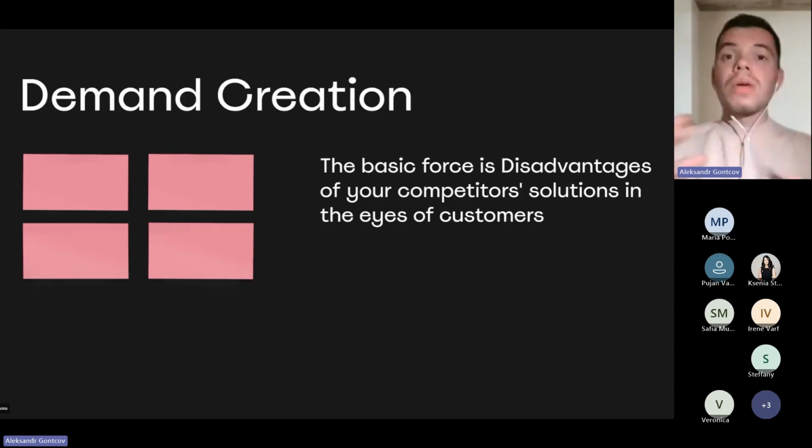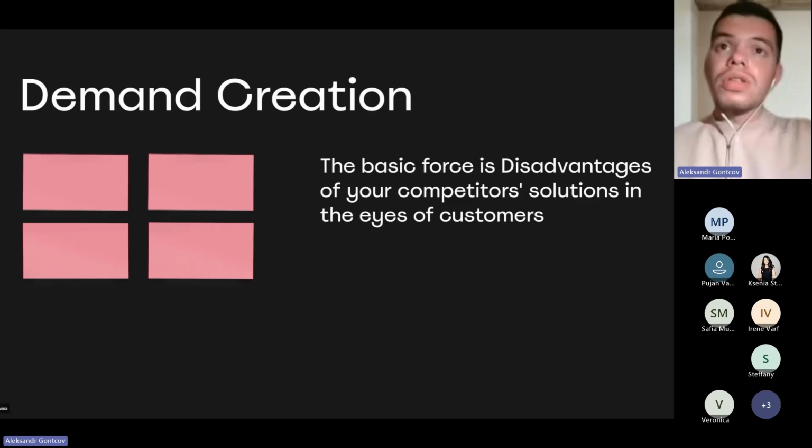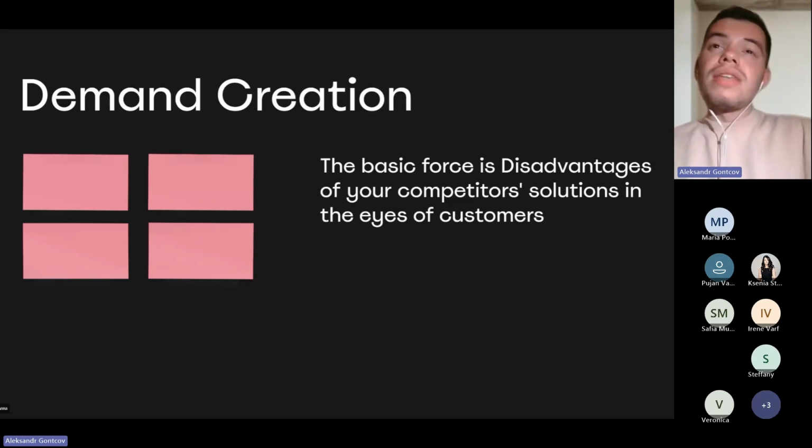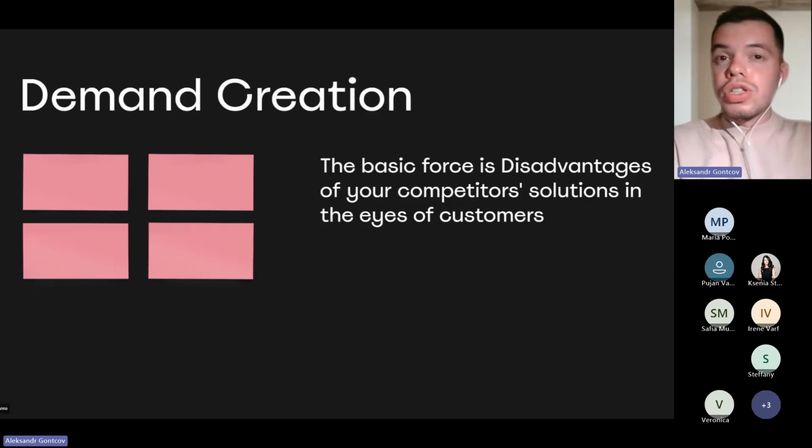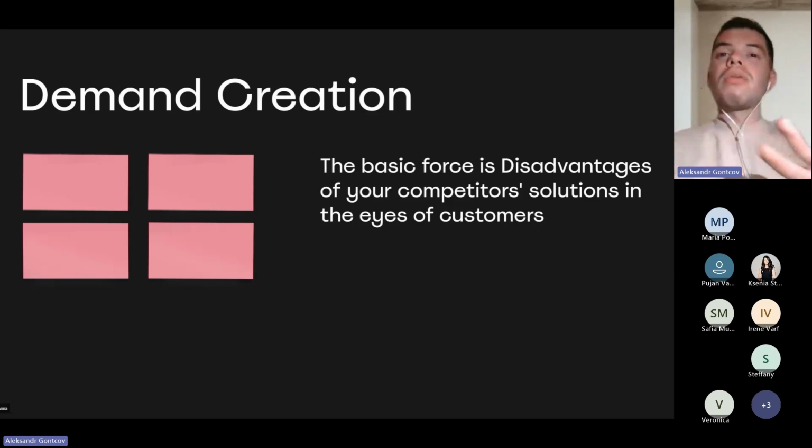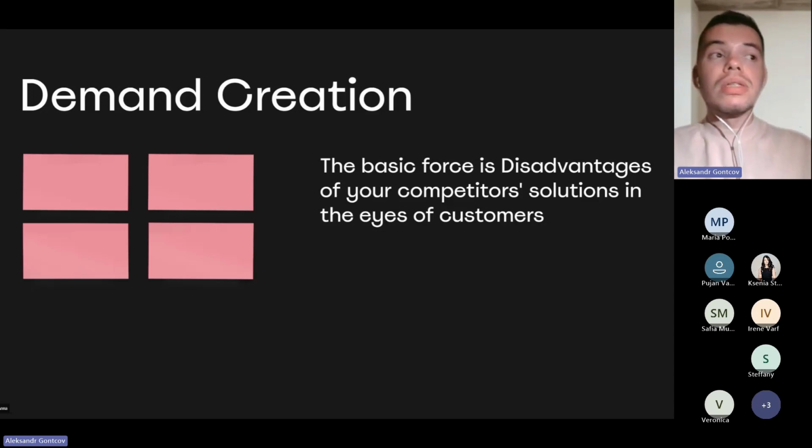So yeah, the first thing we have to identify while talking to our customers in interviews is what are the disadvantages of the existing solutions. And by solutions, we are thinking about the whole scope of things that help our customers to achieve a particular result, that they can hire to do a particular job. So it's not just, for example, if we need to do a business meeting, right?